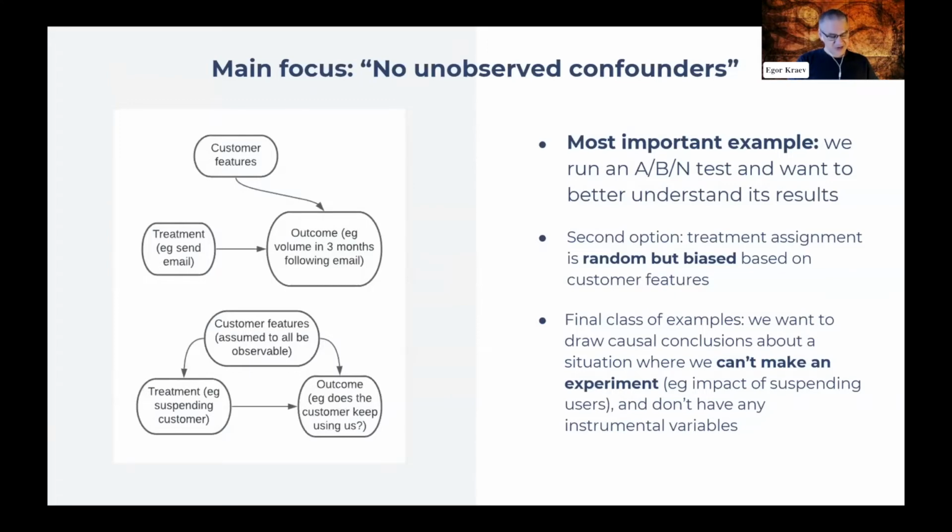So there are different cases there. The most practical case, I think, or the one that's likely to be relevant to most of you, is A/B testing. Everybody does A/B testing or experimentation, and I would argue that everybody who does it now can benefit from using the tools I'm about to describe. The second case is where we have a test and we assign treatment.